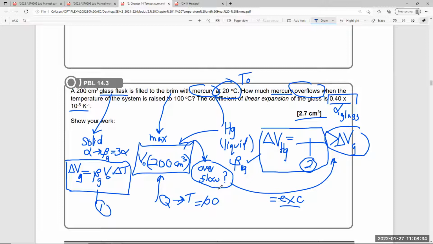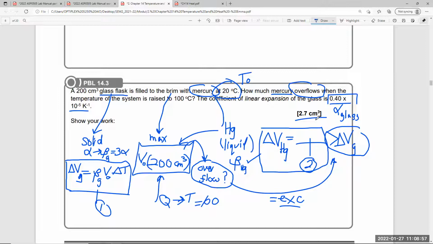So how to find the overflow? It is due to the difference between the two values of expansion, mercury and glass. So you deduct the value of the glass from the mercury and you get your answer.